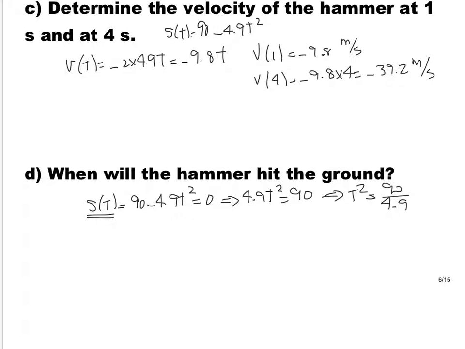If I take the square root of this, I get t is about plus or minus 4.29 seconds. But since time has to be positive, the answer is t is approximately 4.3 seconds. It takes 4.3 seconds to hit the ground.